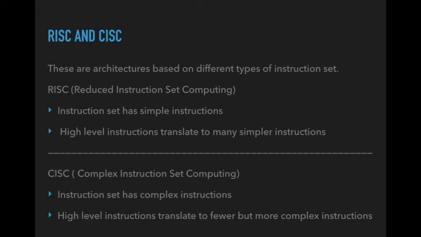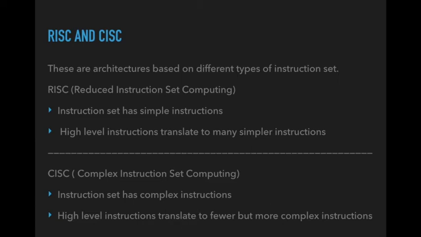So in this one, the aim is to make instructions as simple as possible and reduce the hardware complexity to the maximum. The other one is the complex instruction set computing. Here, while hardware complexity is increased, what it aims to do is reduce the number of instructions required to do a certain higher level instruction, for example.